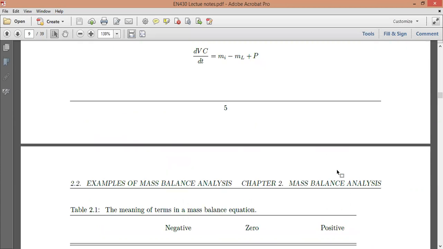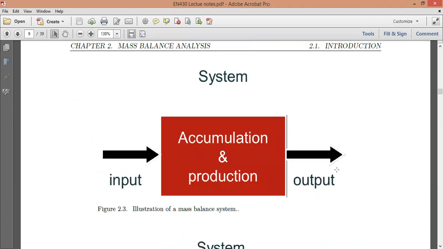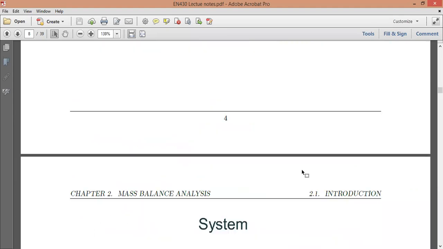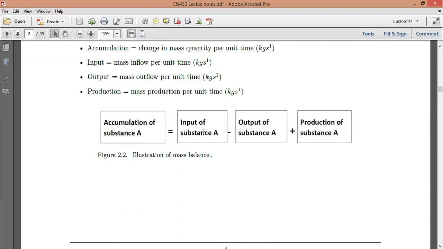So let's come back to accumulation and see exactly what we're talking about. Inputs, what's coming in, minus what's leaving, plus production of that substance. Let's say you have no production, P is equal to 0, and the accumulation value is positive.